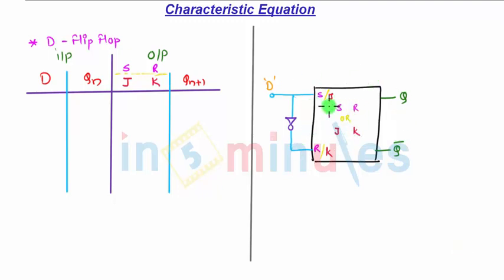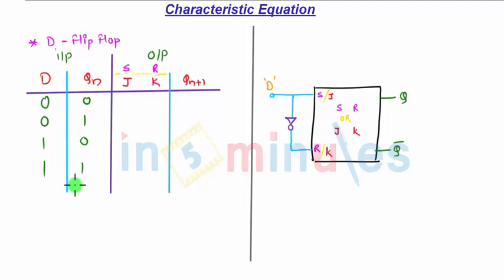A very rough diagram is drawn here to convert an SR or JK flip-flop into a D flip-flop, where you can easily see that SR and JK are complementary to each other by virtue of this NOT gate. As D is the single input, it can take only two values, 0 or 1. If D is 0, the previous state can be 0 or it can be 1. Same if D is 1, the previous state can be 0 or 1.